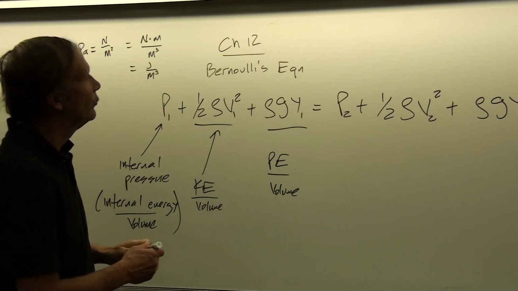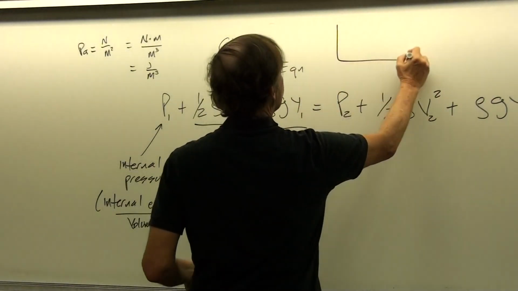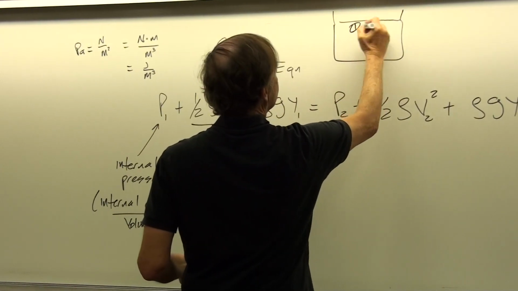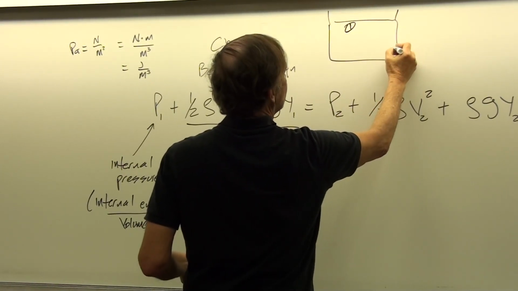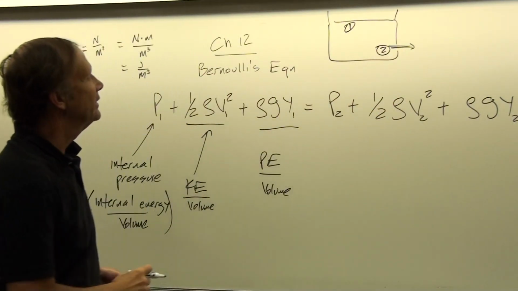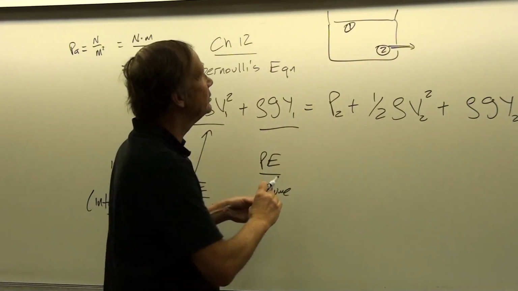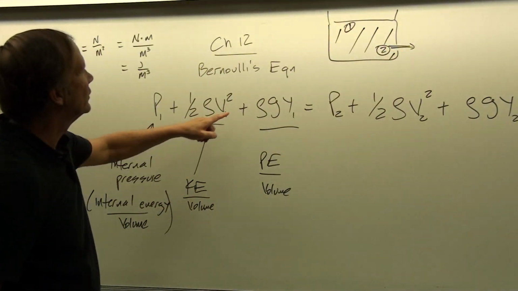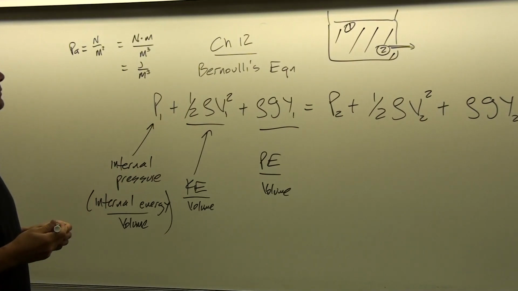We could call that point 1 in the fluid. So here we might have, for example, point 1 in the fluid, and then out here we might have point 2 in the fluid. Okay, so this is a continuous connected fluid, but we have two different places in that same fluid medium which might have velocities associated with them.